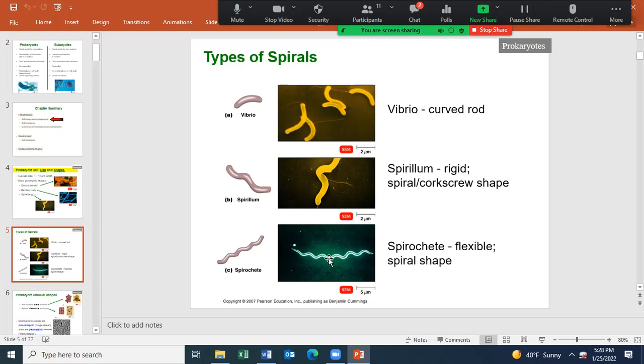That gives this cell its spiral shape. But the cell, for example, can bend this one. It can be this way, and then it can come up that way, meaning this thing is really flexible.